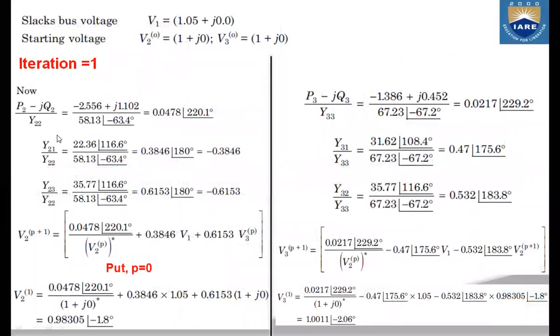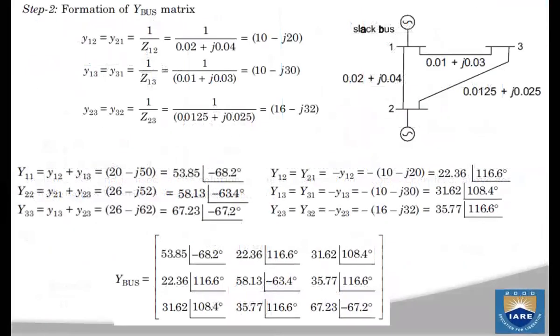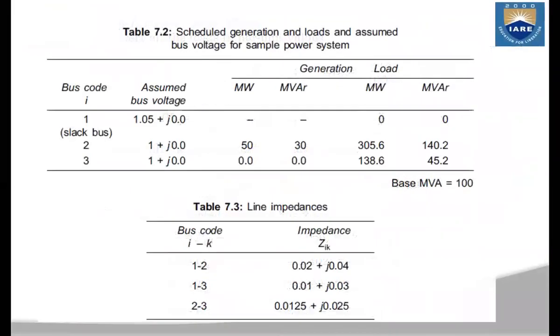Now solve the problem using those equations. Initially you have to assume the slack bus voltage, which is given in the problem. See here, at bus number 1 it is assumed that the voltage is 1.05 plus j0.